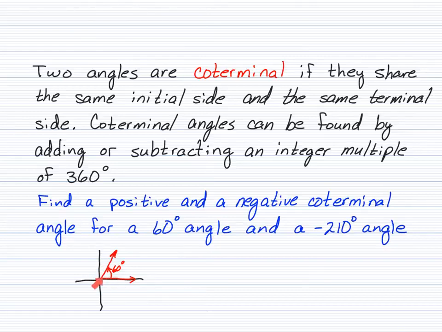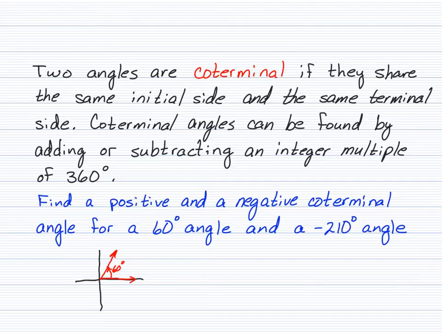Now, this angle was drawn at 60 degrees, but that's not the only angle that is involved here. If we had rotated this direction right here, that would be starting at the same place and ending at the same place. And yet that angle is negative 300 degrees.